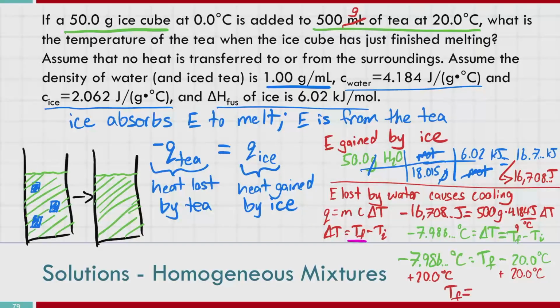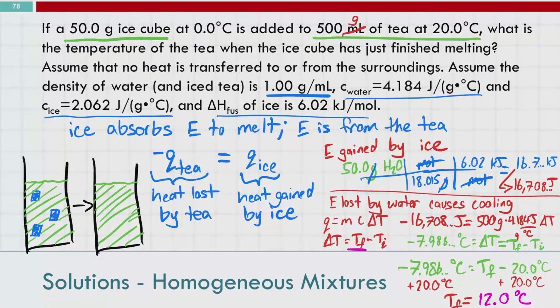And TF is, if I do it correctly, 12.0 degrees Celsius. That's the theoretical temperature of our tea. Questions about any of the parts of that and how we put it together?